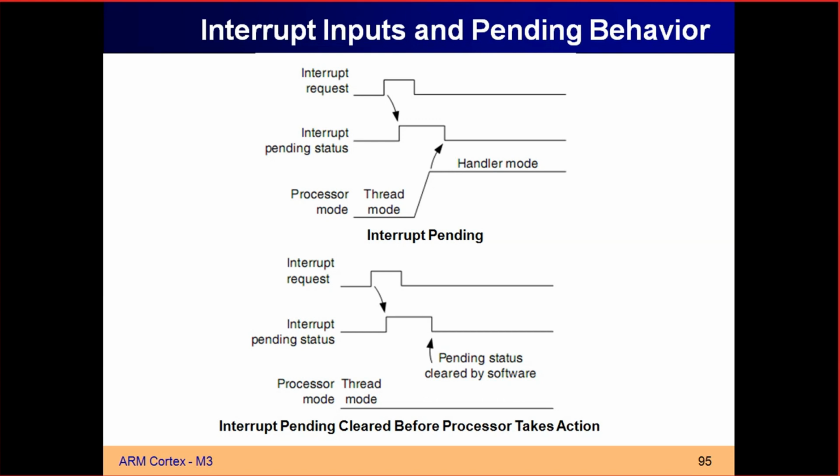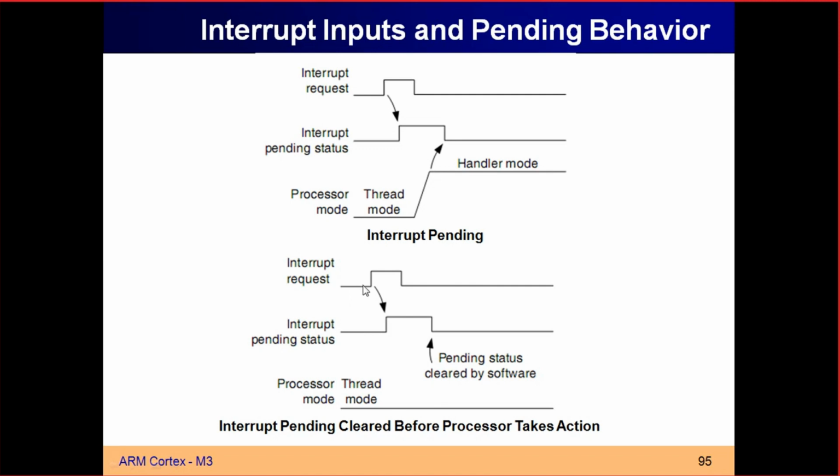But let us take a situation where the interrupt pending is cleared before the processor starts executing the ISR. Here, since the pending status bit was there, the processor has started the execution of the handler. When it has started the handler, the pending status bit will be made low because this interrupt has been started. So it will be low until this interrupt is over.